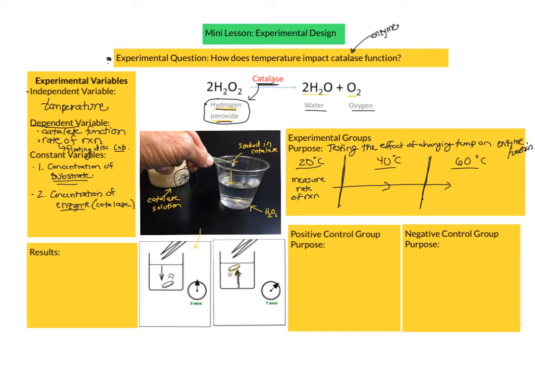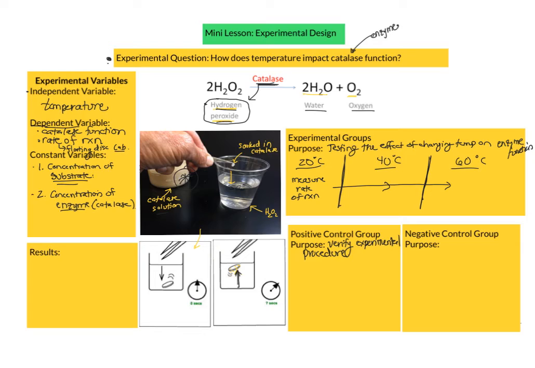A positive control group is attempting to verify your experimental procedure, meaning that you're going to carry out this experiment in a way where you know that if your experimental procedure is working, in this case, the floating disk assay, then you should get the result you expect.